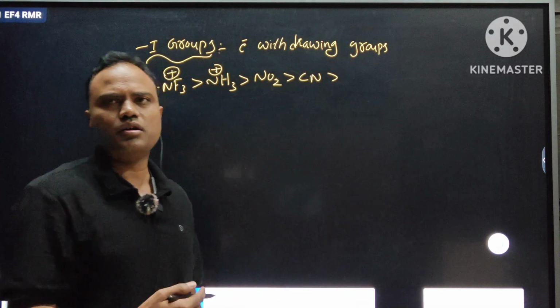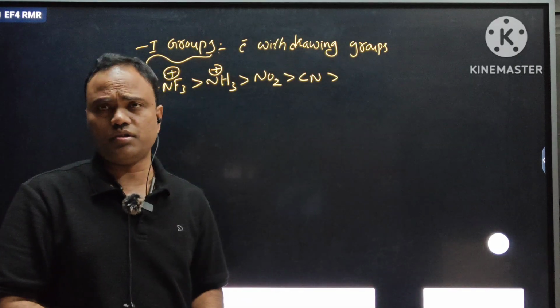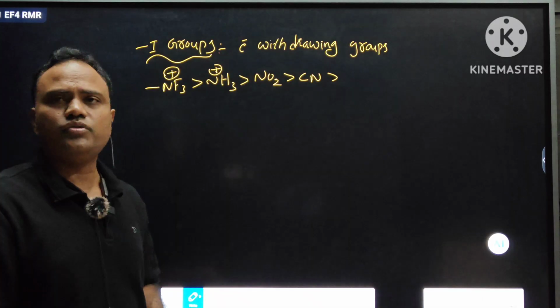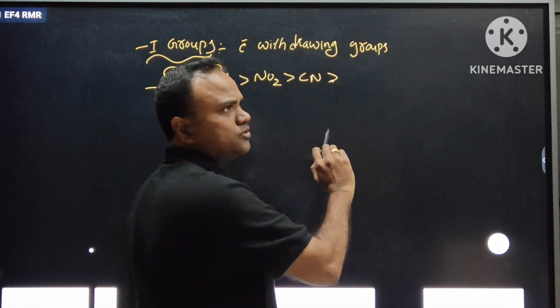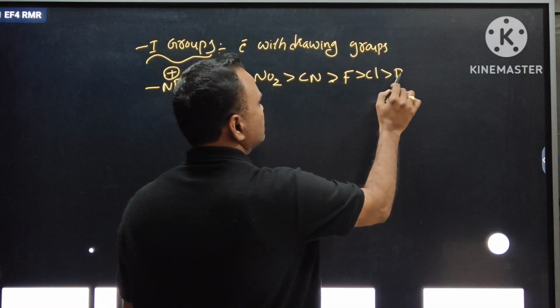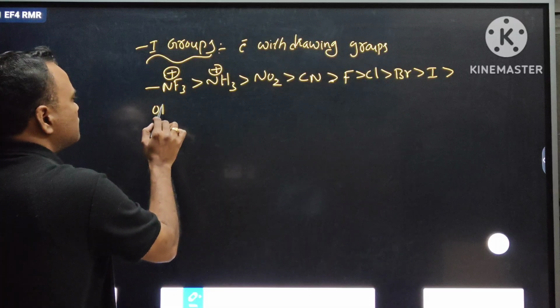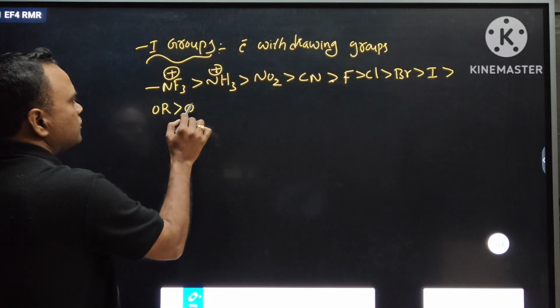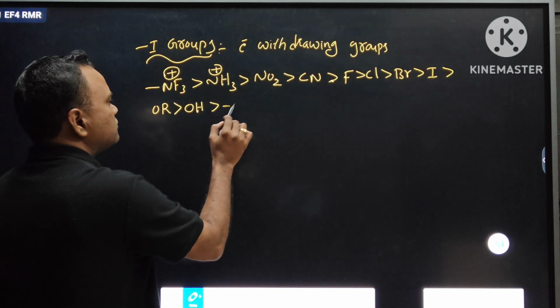Actually, in the regular class, I'll give aldehydes, ketones, carboxylic acids, etc., right? But I'm giving a few only. Aldehyde is also a minus I group, but I'm not giving halogens: fluorine, chlorine, bromine and iodine. After that OR, OH, okay, and a triple bond.